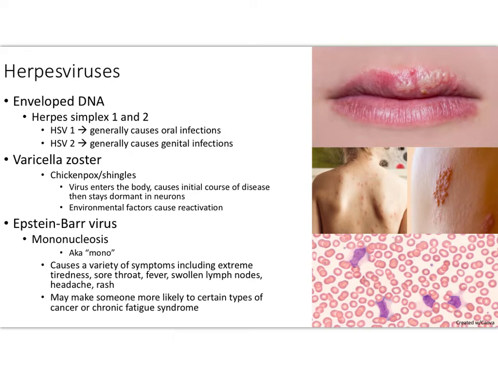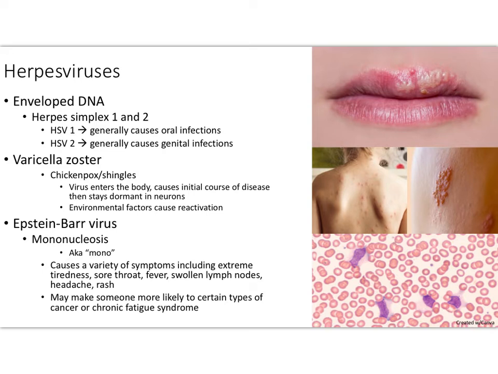And when we're talking about the viruses that specifically cause things like cold sores and genital herpes, those are called Herpes Simplex 1 and Herpes Simplex 2. Generally, Herpes Simplex 1 causes oral infections, and generally, Herpes Simplex 2 causes genital infections. That's not always true.